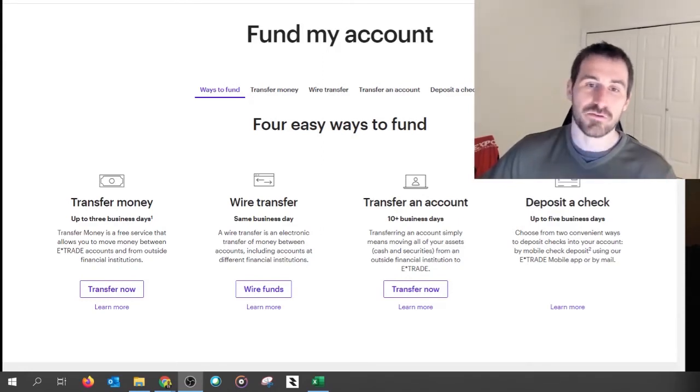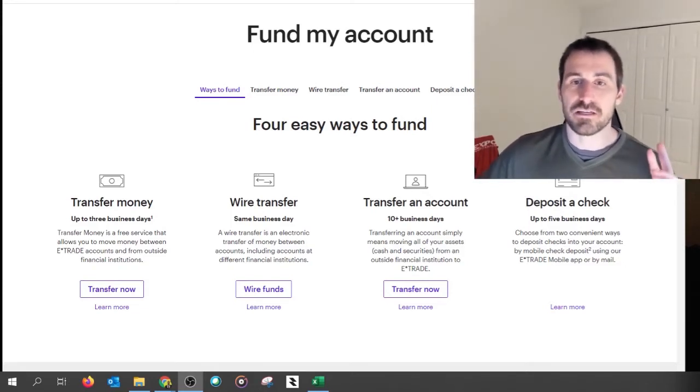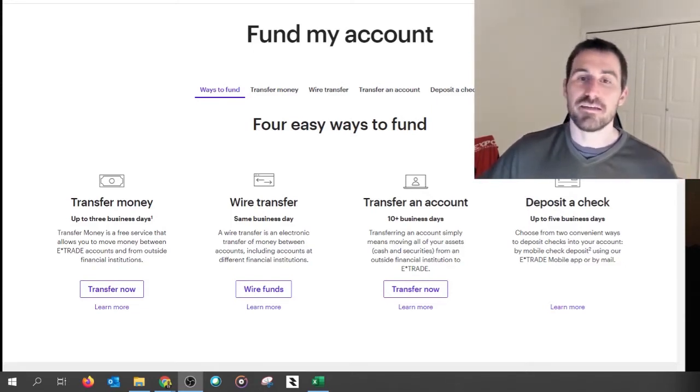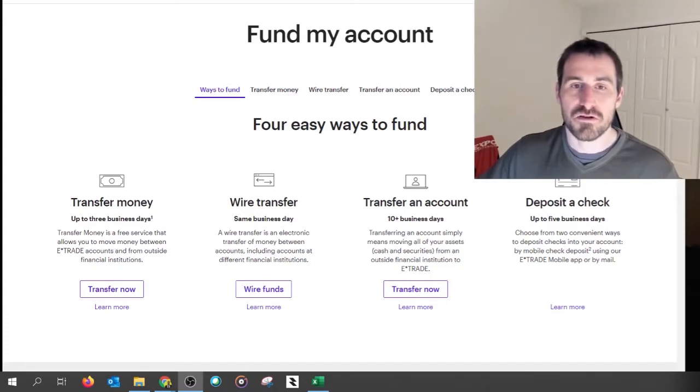That takes a little bit longer, but it can be done. And if you want to be old school, you can deposit a check, which takes about 5 business days. The easiest way, the method that I use, is to just transfer money via checking or savings account. It usually takes a couple days to go through, but then you're available and you can start trading right away.